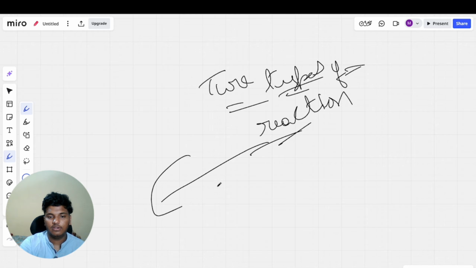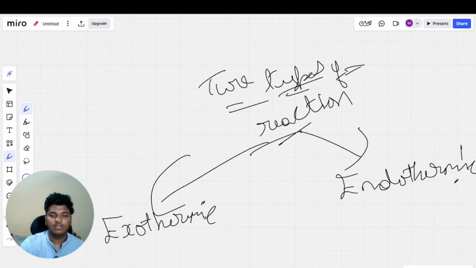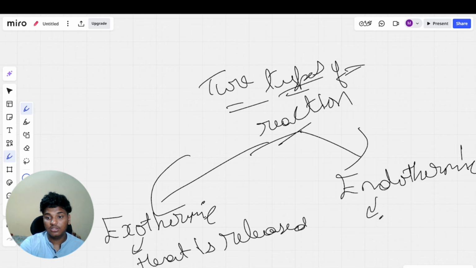One is exothermic and one is endothermic. What is exothermic? Exothermic is a reaction in which heat is released. Endothermic is a reaction where heat is required.